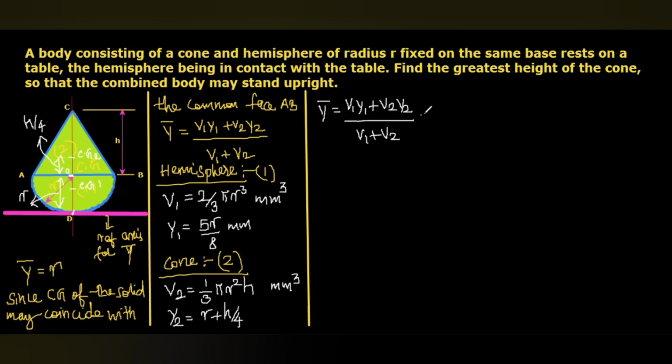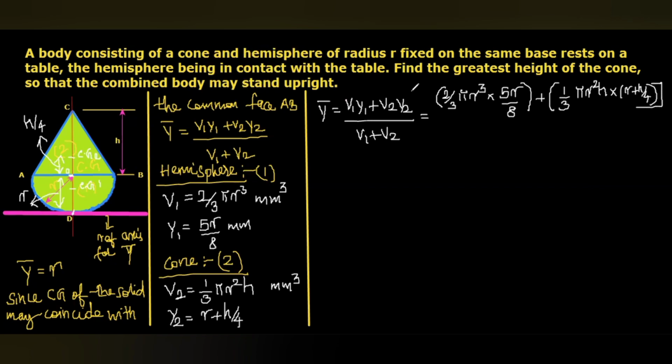First of all, V1 is 2 by 3 pi r cube, multiplied with the value of y1, that is 5r by 8, plus V2, 1 by 3 pi r square h, multiplied with y2, that is r plus h by 4.